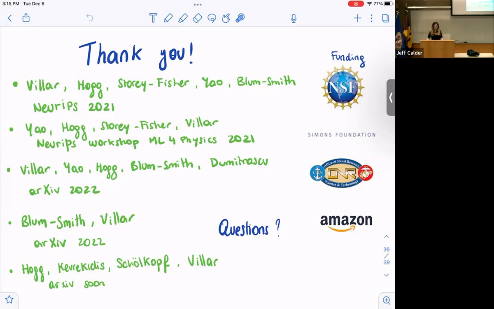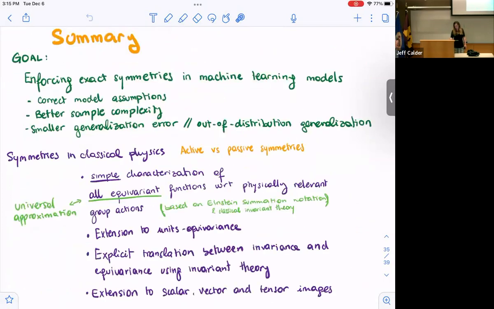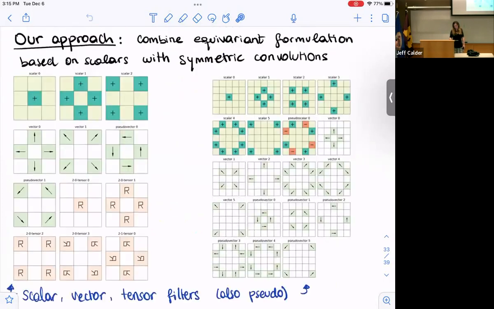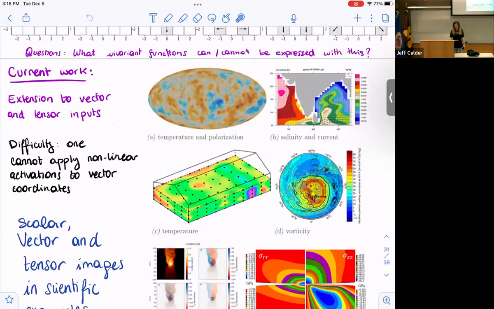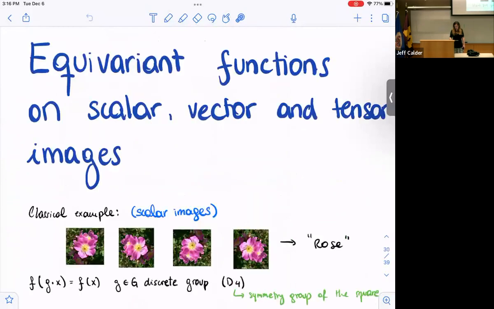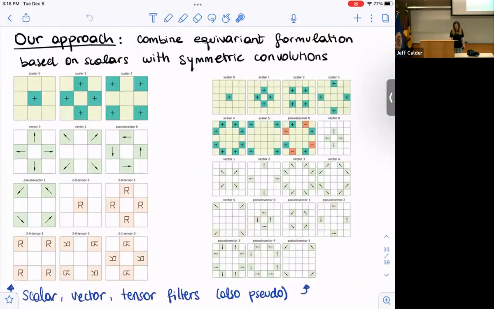So can I ask, with the CNNs you showed at the end, this is rotational invariance? Yeah. So if you want to make a CNN rotation equivariant, then you need to use invariant filters. Basically, that's the idea. If you make your filters rotation invariant, then the corresponding convolution is equivariant with respect to these discrete rotations.